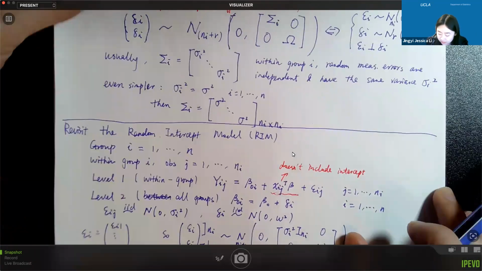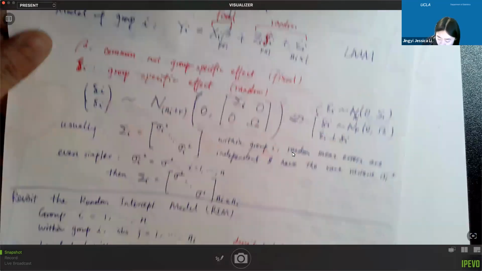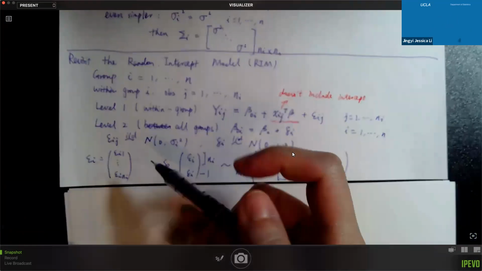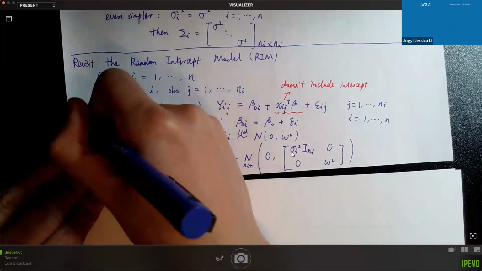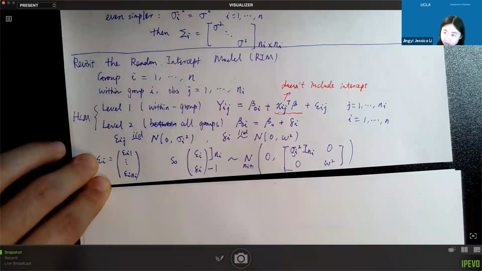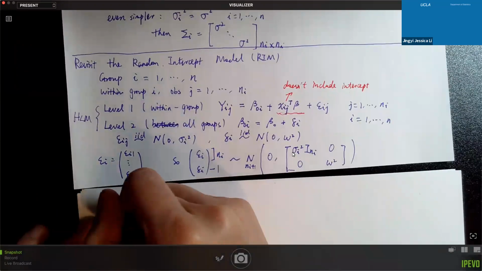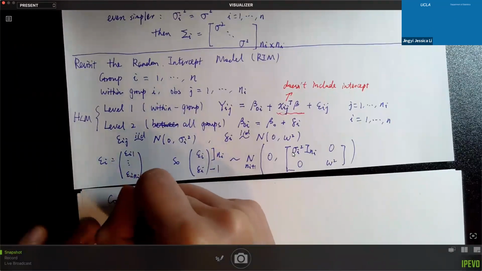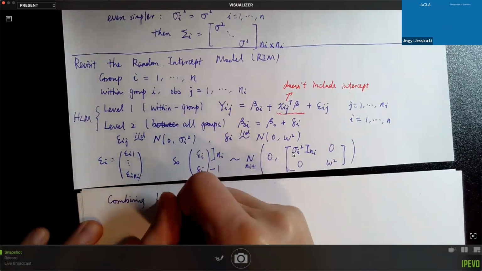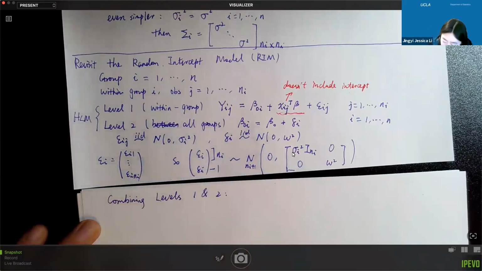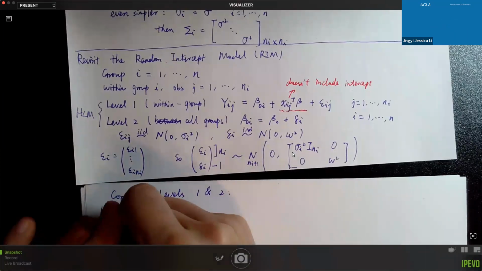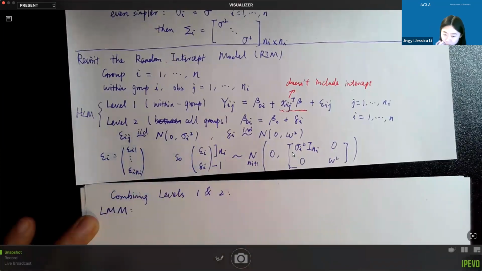So you can see it is a linear mixed effect model. If we write it this way, this is what we call a hierarchical linear model, HLM. And combining levels 1 and 2, we can obtain this so-called linear mixed effect model. That's why we said they are equivalent.